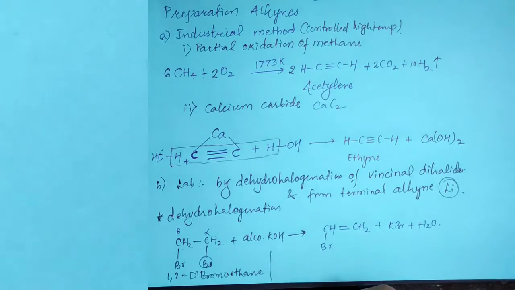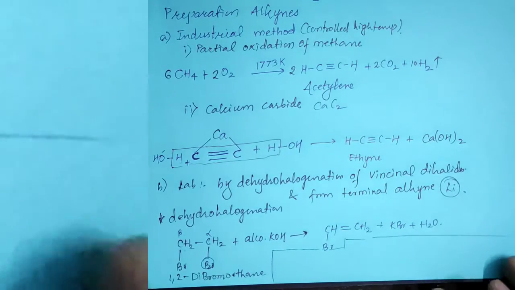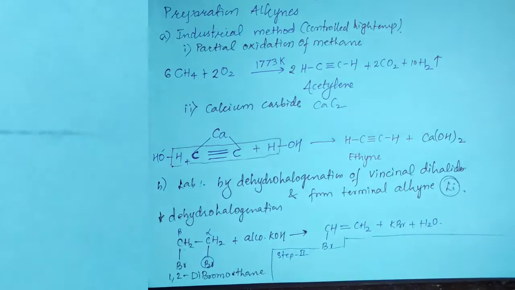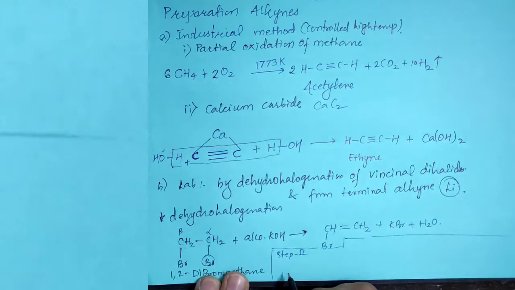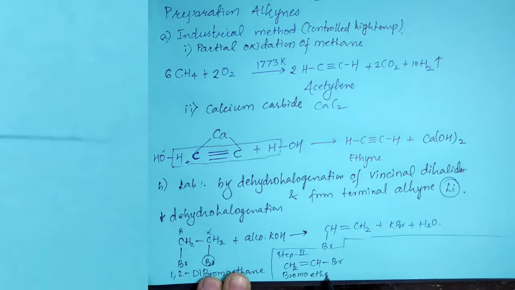Step 2, let's see. Vinyl bromide, or bromoethene, reacts with sodamide, NaNH2.